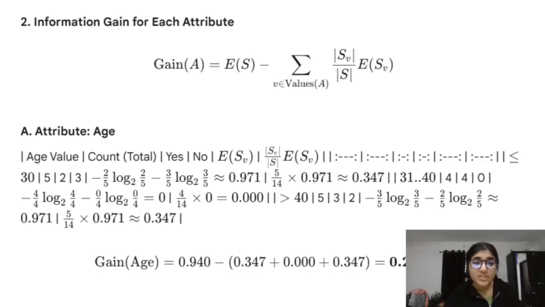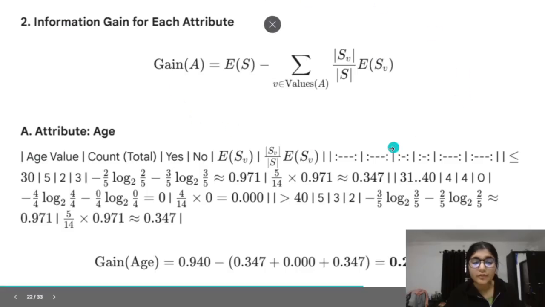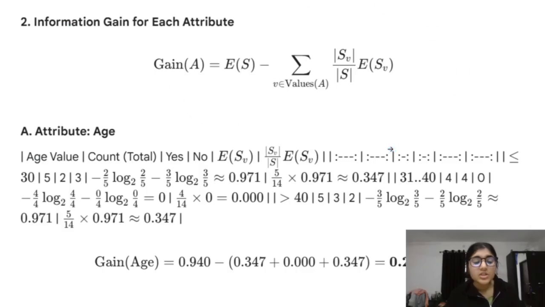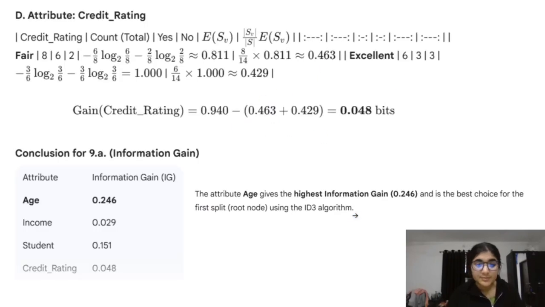The second is information gain for each attribute. We will use this formula to calculate the information gain for each attribute. First for age, when we put the values in this, we get 0.246 bits.